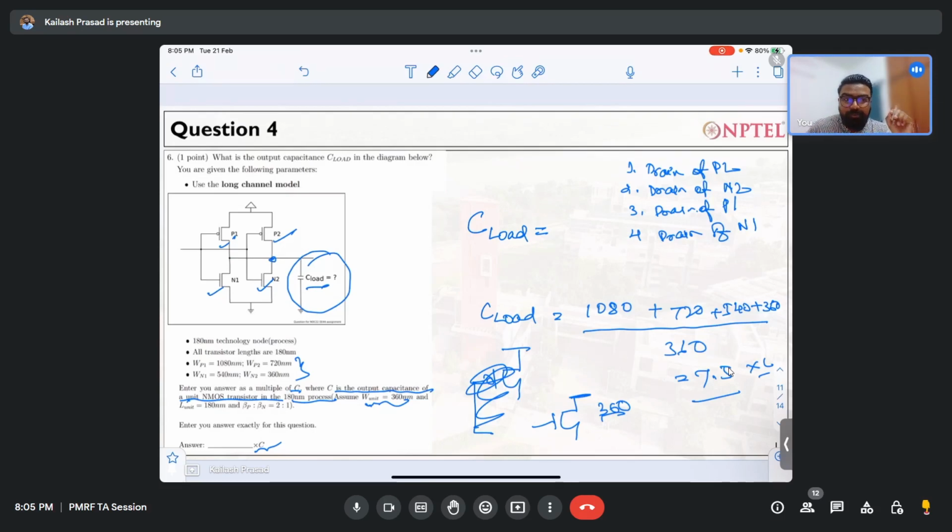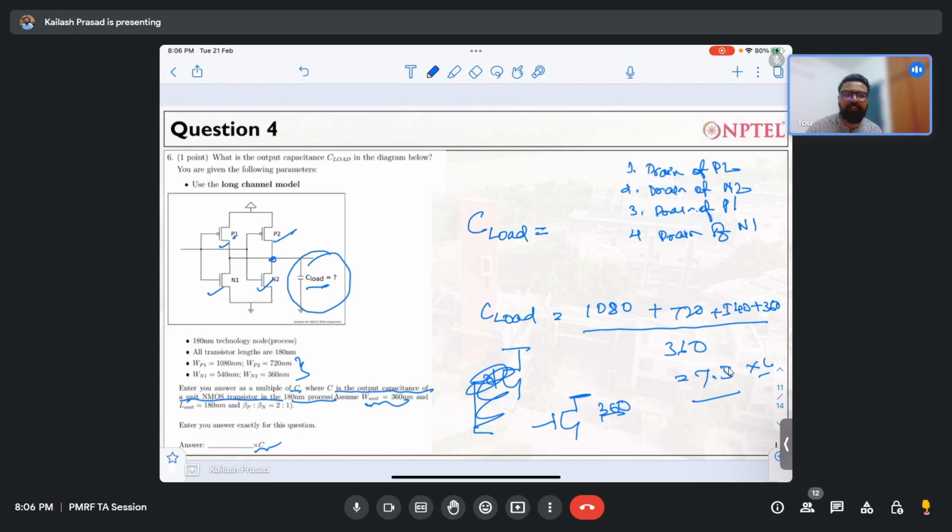You have to find out the sizes of each of the gates which will be used to design that processor. To do that, you have to know the capacitance at each of these nodes, because only if you know the capacitance can you optimize your design for taking less time. That is the reason why this question is very important.